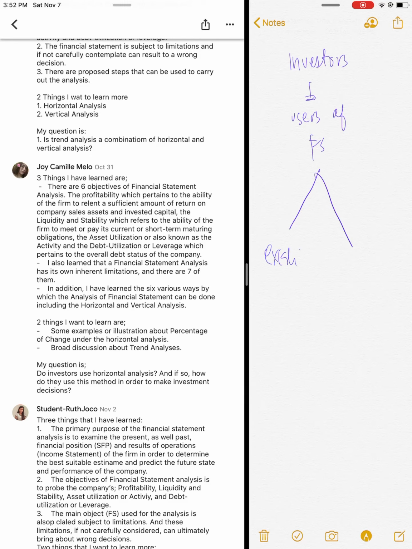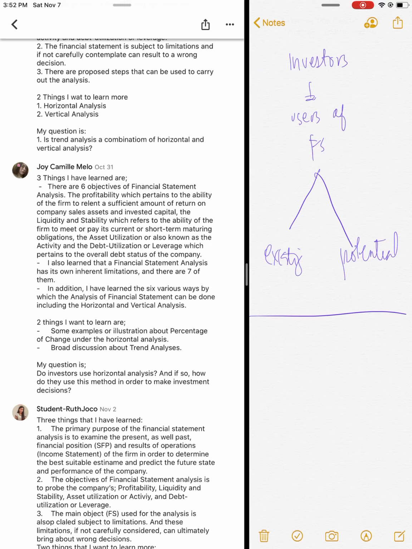Ang investors can be classified as existing and potential. Okay? So, kapag existing ka, owner ka na. Kapag potential investor ka, wala ka pang ownership, wala ka pang stocks, pero you can be an owner. So can you use horizontal analysis? For as long as the financial statement is available, you can use horizontal analysis.